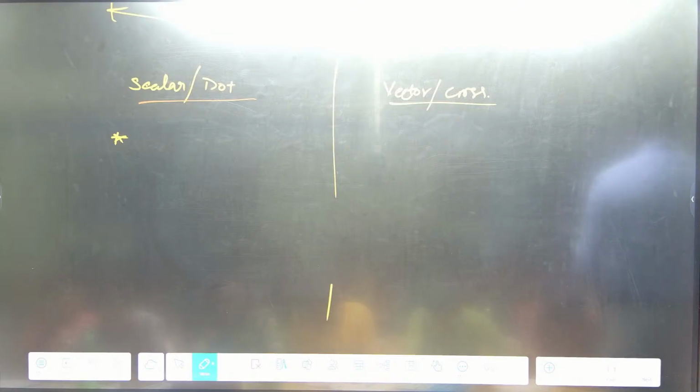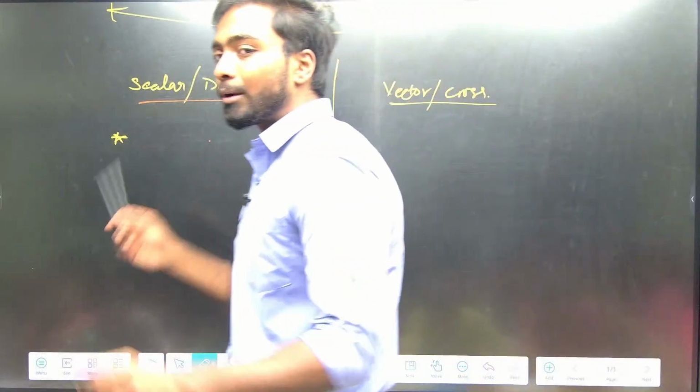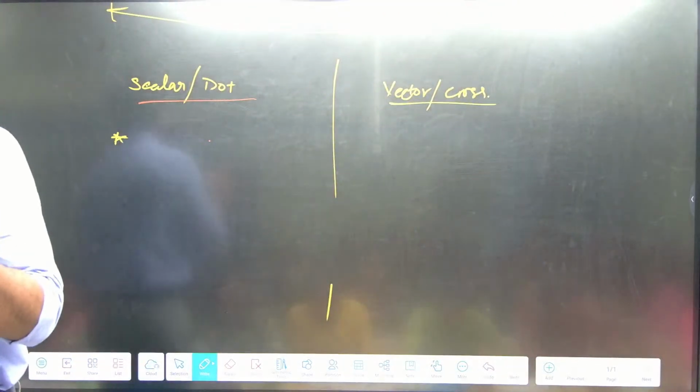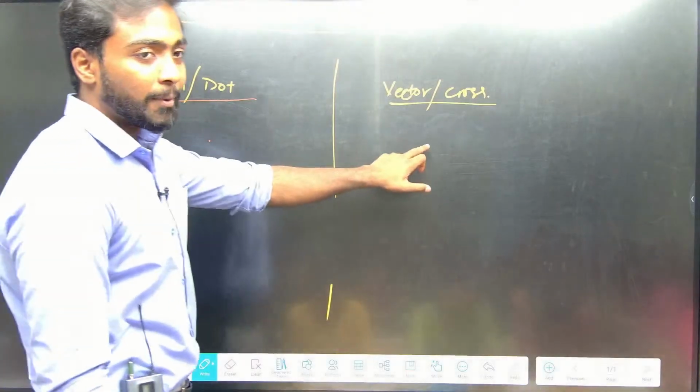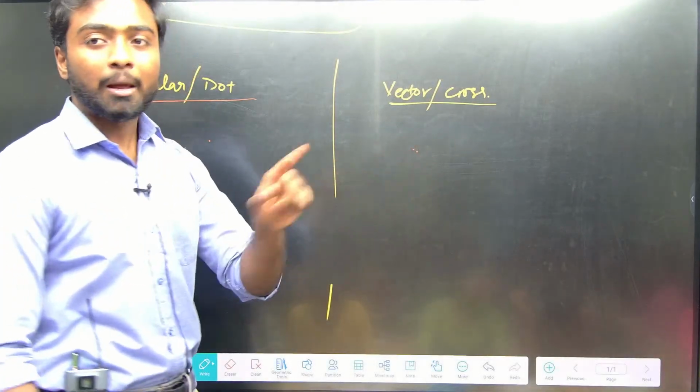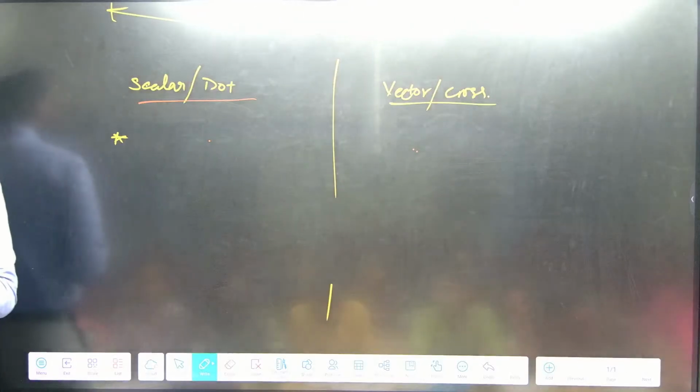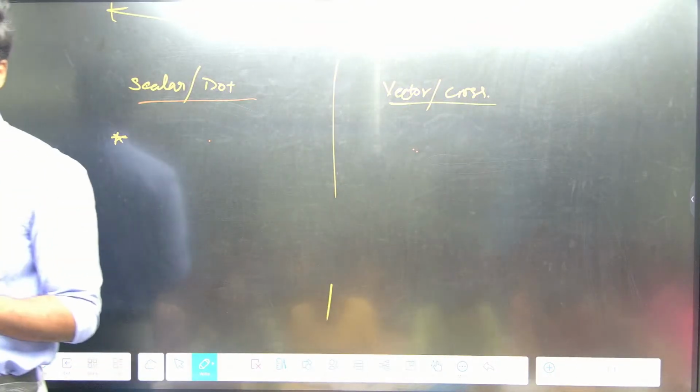Any doubts in this? When you are multiplying two vectors in this, you will get only a number. But when you are multiplying two vectors in this, you will get a number with direction.